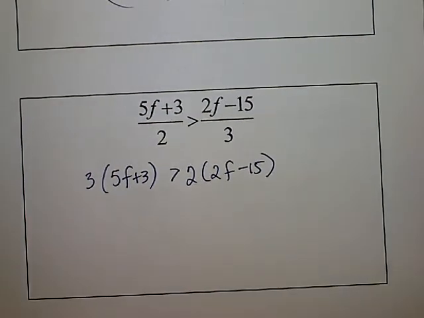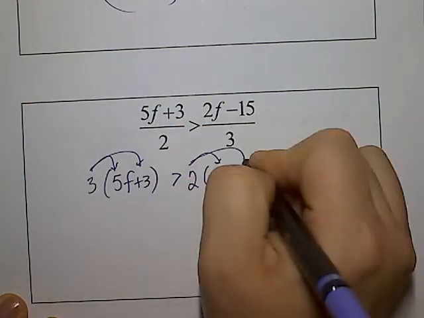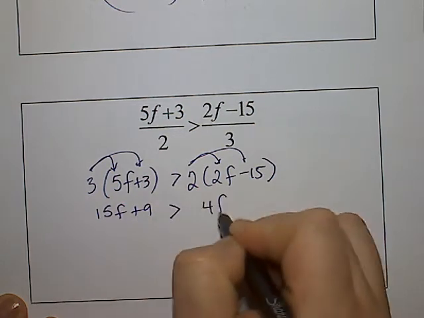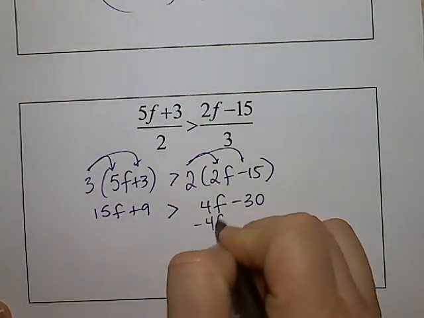I'm going to distribute the 3 and distribute the 2. Then I'm going to move the variables to the left-hand side.